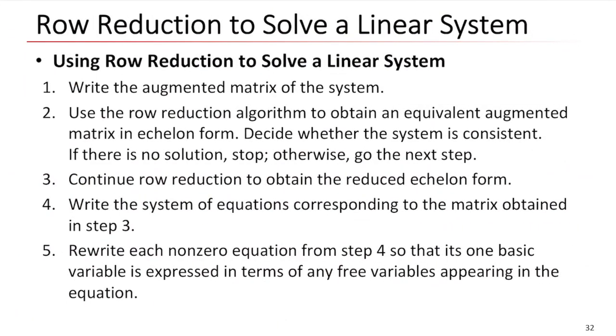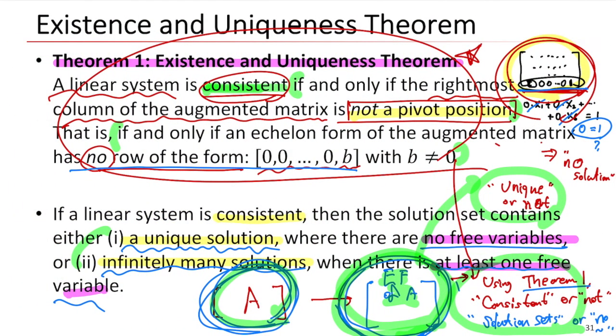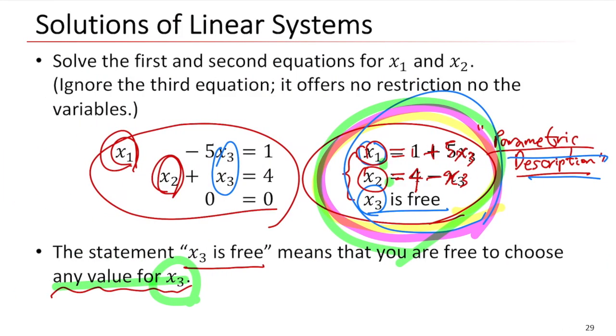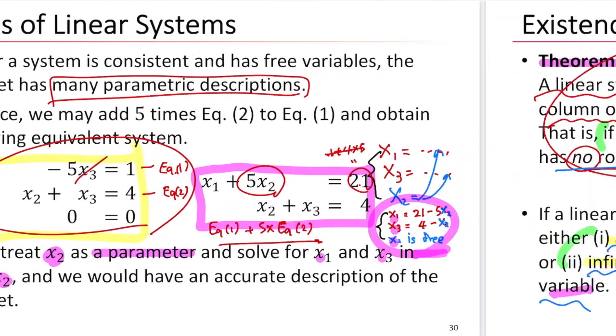Okay, let's summarize solving a linear system. To solve the linear system, we learned the row reduction algorithm, right? And we learned how to represent the solutions of a matrix in a parametric description, right?